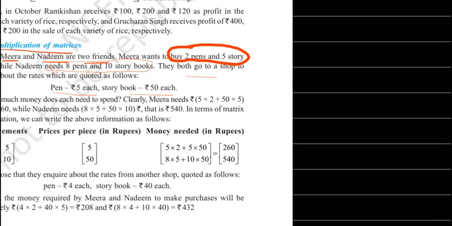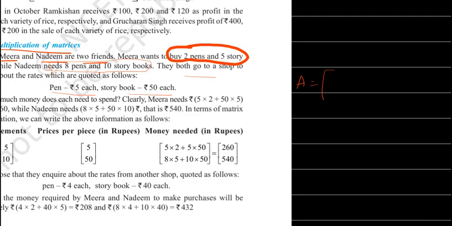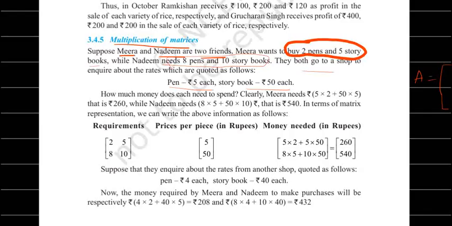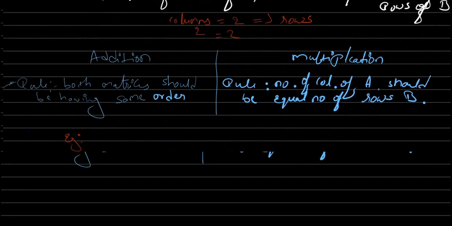I think you people know how to write this in a matrix. It is not supporting here, so I need to go to the page. I will iterate an example.